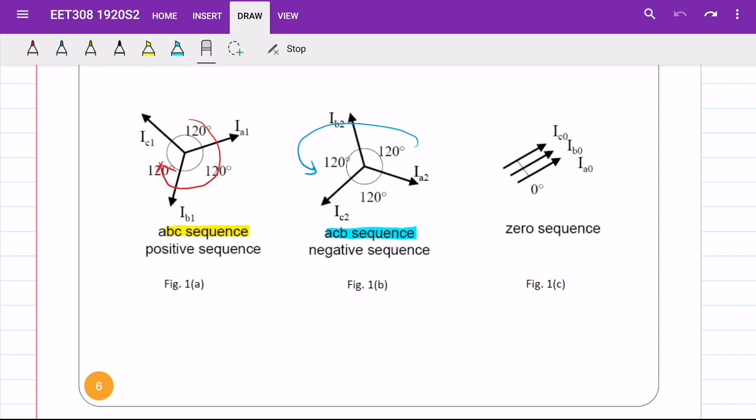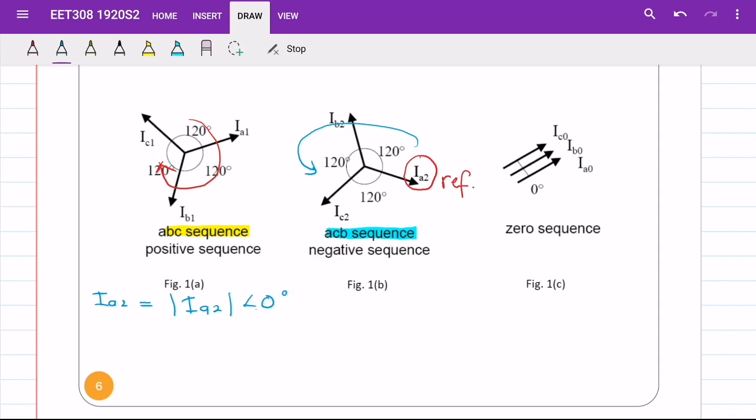Before we write the equation for IA2, we need to assume the reference point first. So let's say the reference point is IA2. The IA2 equation is the magnitude IA2 with 0 angle, since IA2 is the reference point.